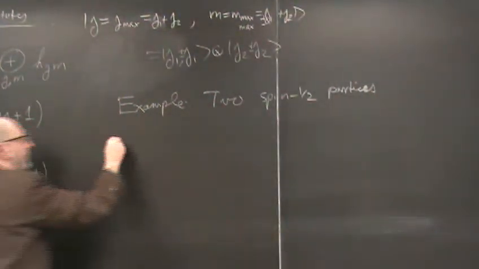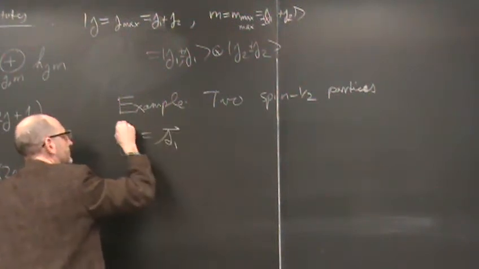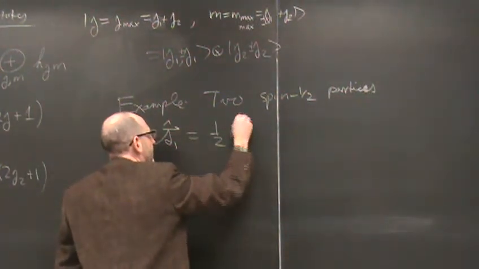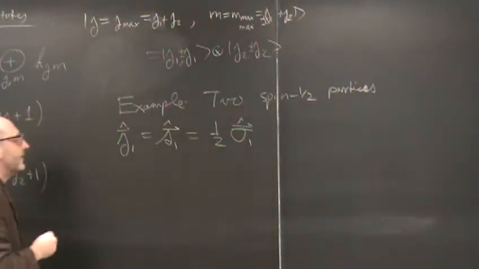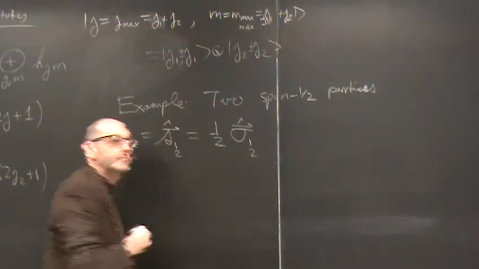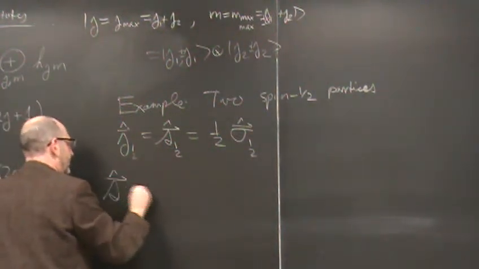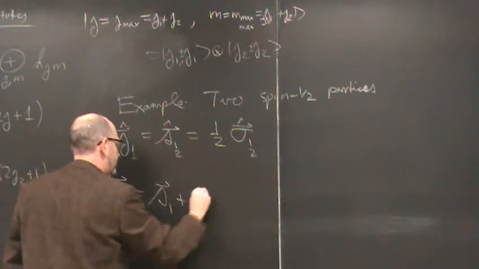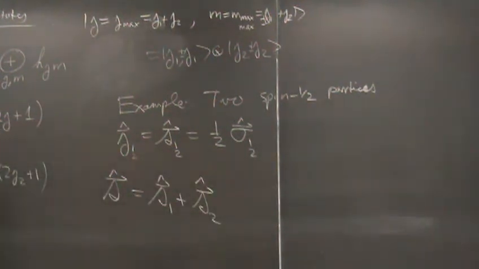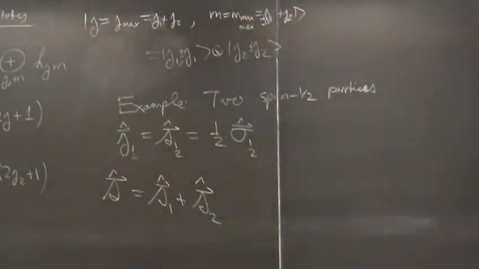Here I'll call J1 S1, which I could write as 1/2 sigma, and the same thing for particle 2. And the total spin is S1 plus S2.